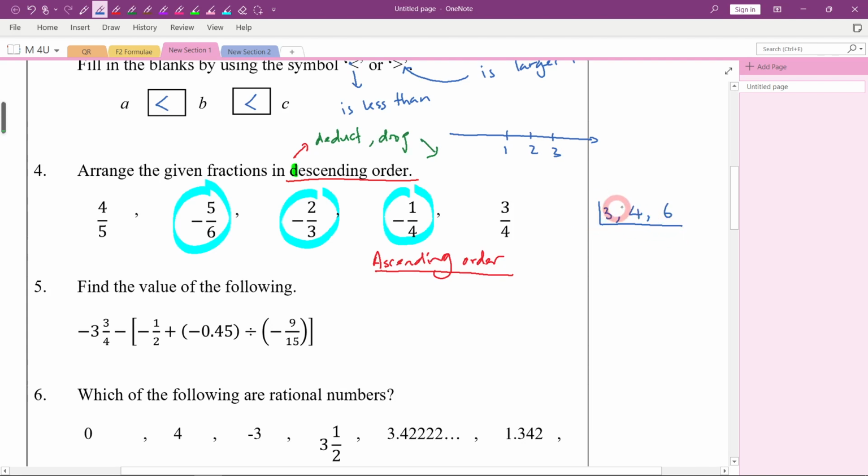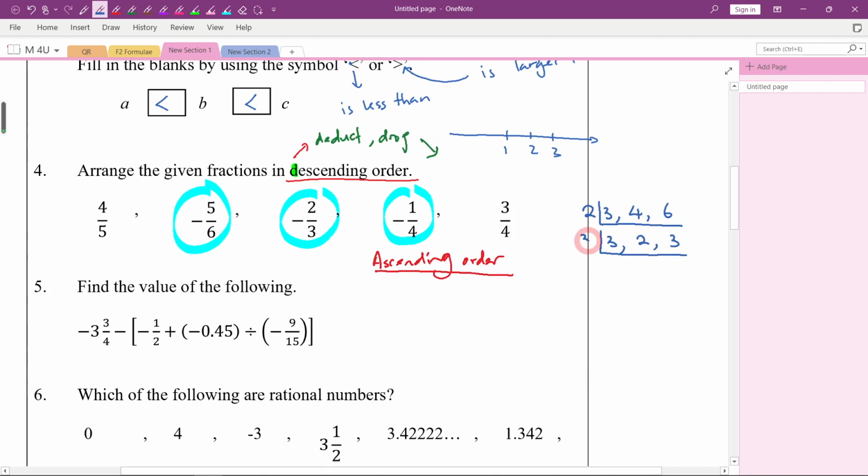Okay, let me divide all these numbers by 2. 3 cannot divide exactly by 2, right? No problem. You just bring the 3 go down. 4 divided by 2, you get 2. 6 divided by 2, you will get 3. Okay. Now, we have 3 here, 3 here.